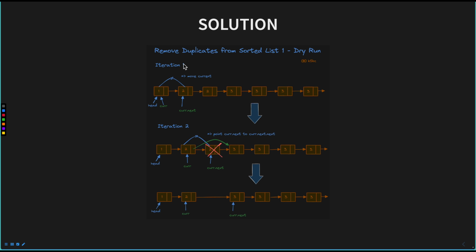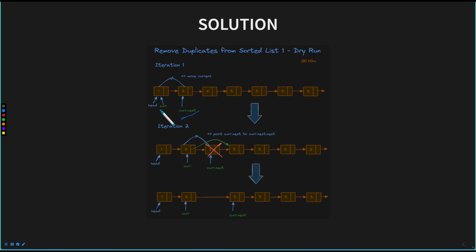So why not use it? The current pointer will be our left side, which we move when we ascertain that this value is not a duplicate. But the right pointer will try to explore the list and see if we find a duplicate, or what kind of element it is.